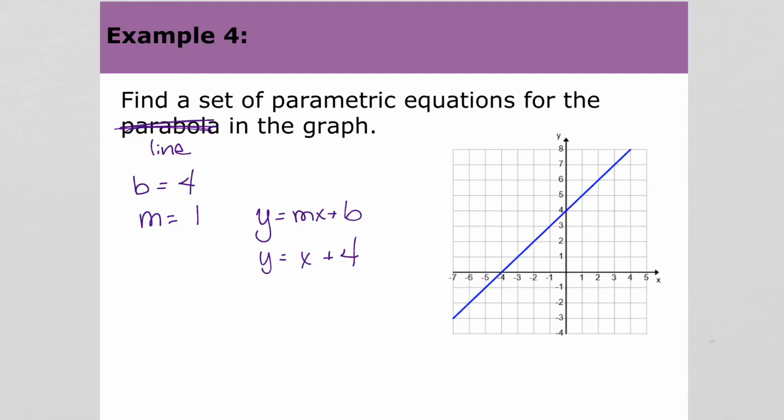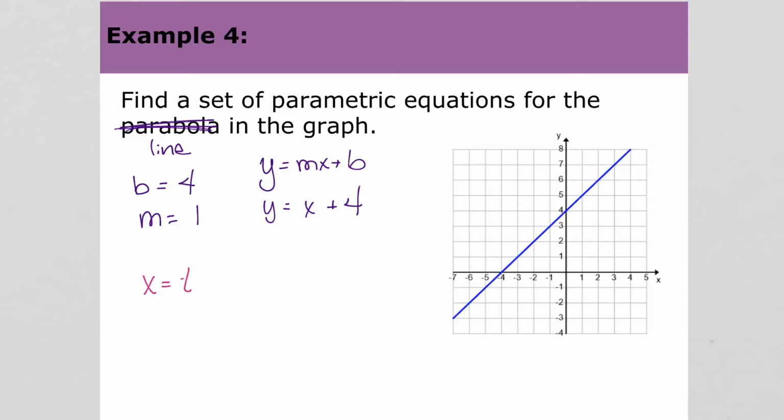Let me move this up so I don't run out of space. Okay, so how do we define this parametrically? Well, it says let x be t and y be f of t. So if y is f of t, we're just plugging in t for x in f of x.